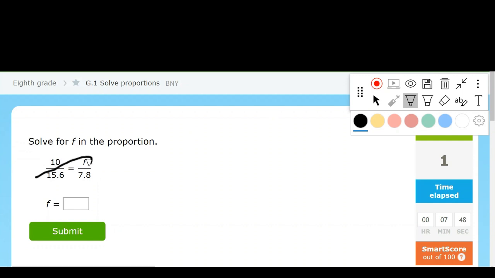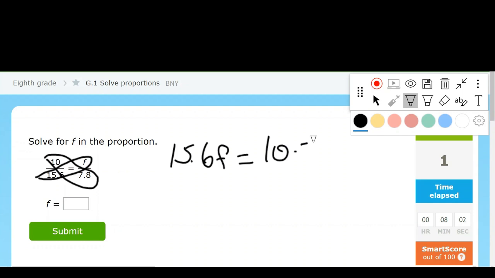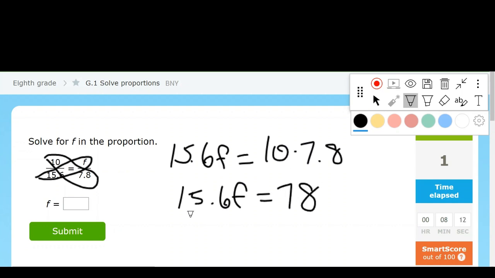We're going to draw a cross. 15.6 times f is 15.6f. 10 times 7.8 is 78. And if you divide both sides by 15.6, you should get f equals 5.